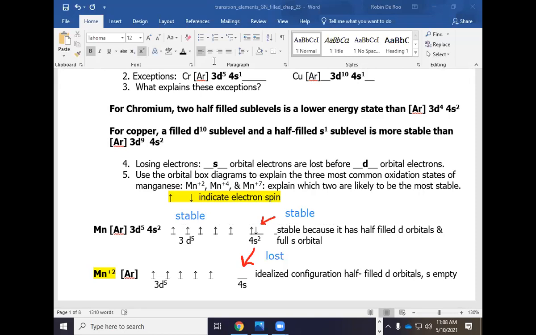Okay, so here's our options. Here's the question: you're going to start with the Mn atom, and then which 2 electrons should be removed?